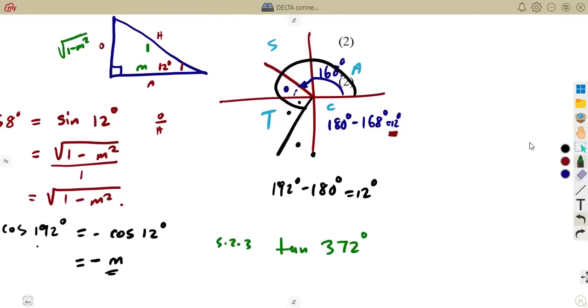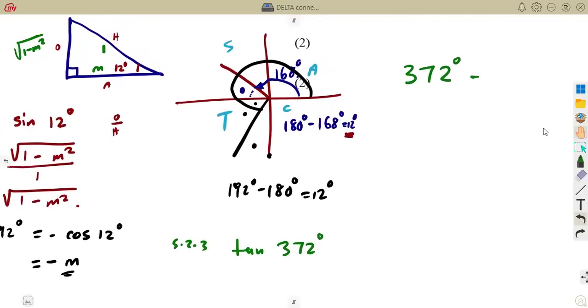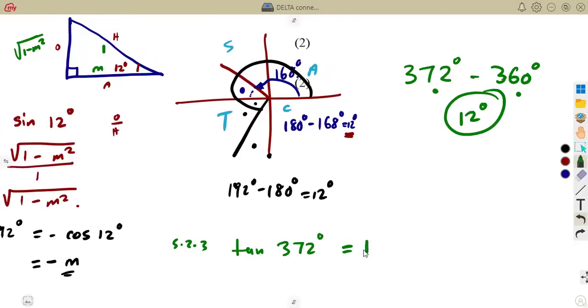Any angle that is more than 360, subtract 360 until we have an angle less than 360. So it's 372 minus 360, which is 12. So this is the same as tan 12. It's already an acute angle, and we have tan 12.